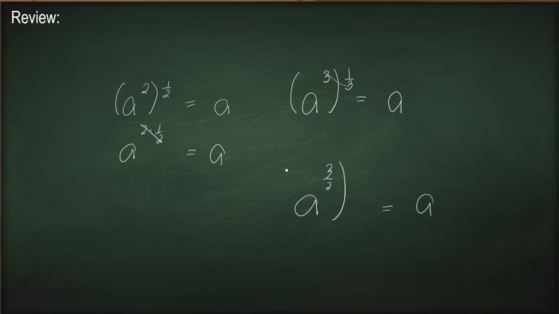Just raise a to the 3 halves to its reciprocal, which is 2/3. So we have 2 times 3 is equal to 6. 6 divided by 6 is equal to 1. Or simply cancel this. So that's it. Remember this because we are going to make use of this process in solving quadratic equations using the extracting the square roots method.